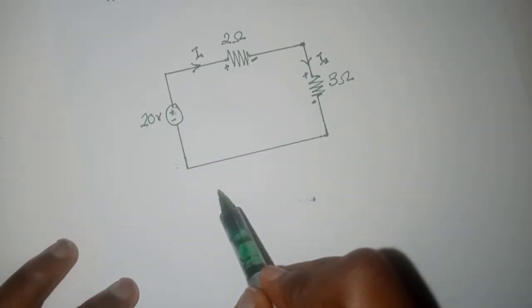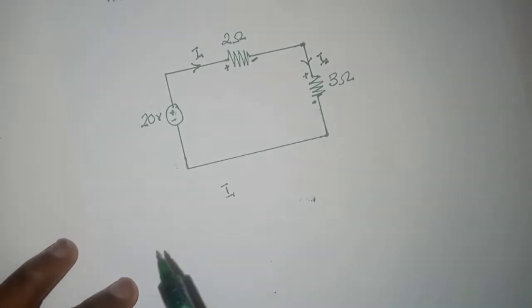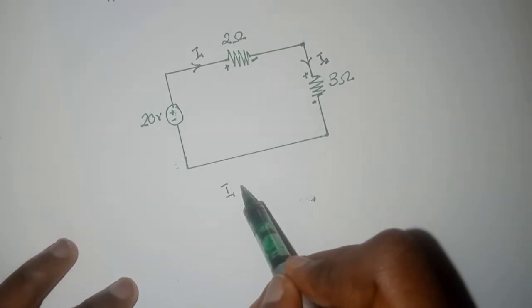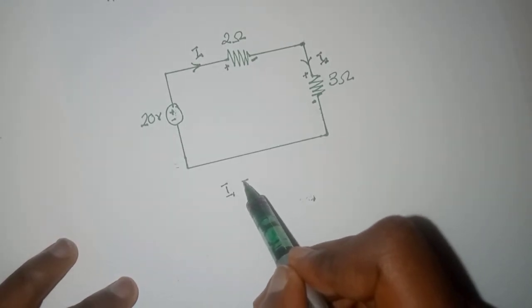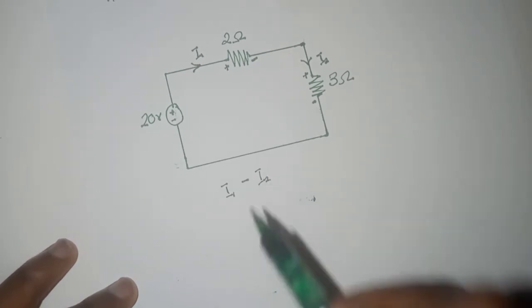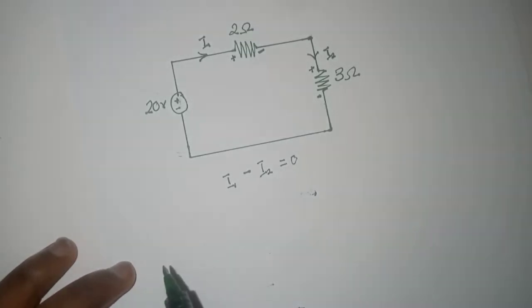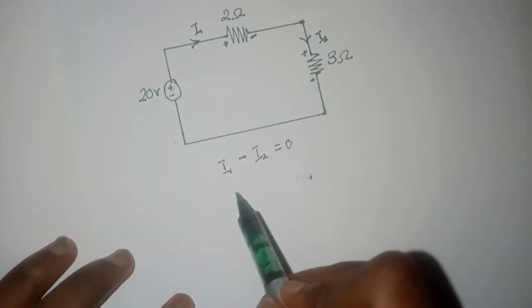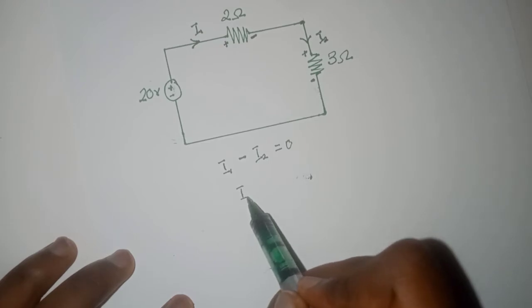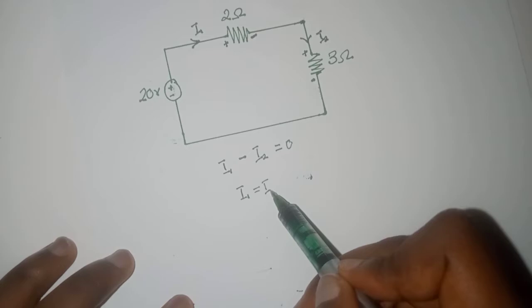Current I1 is entering the node, so that is positive, and current I2 is leaving the node, that is negative, and we expect them to be equal to 0. For that reason, we can say that I1 is equal to I2.